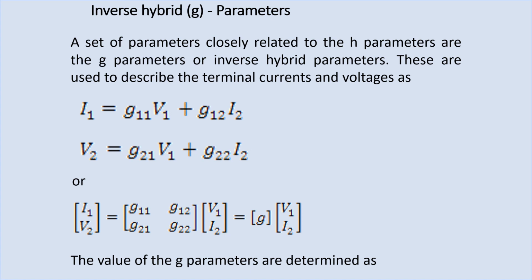So we have the matrix form written here. Also note there's no specific unit, because they are a mixture, a combination of different ratios. For the same reason we don't have specified units for hybrid parameter, we don't have them for inverse hybrid parameter.